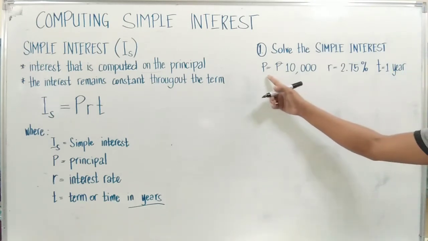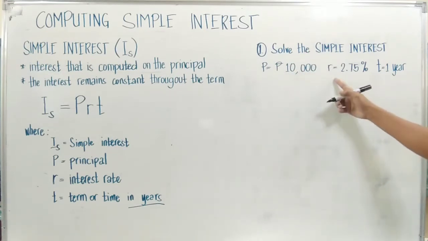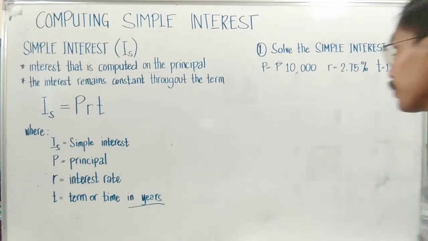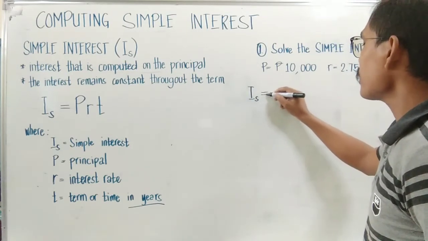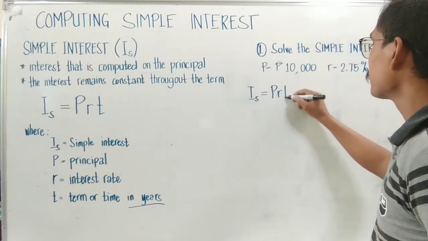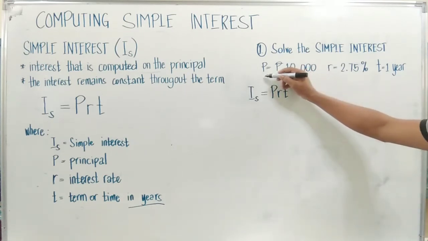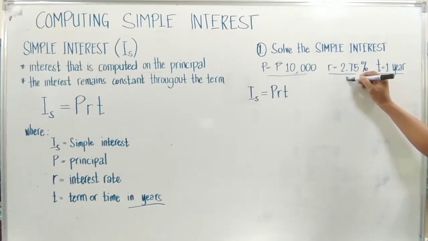Given example, we have principal P equals 10,000 pesos, rate equals 2.75%, and T, or time or term, equals 1 year. Again, in computing simple interest, we will be using I sub S equals P R T. But first, let us identify the givens: we have your principal, your rate, and your time.